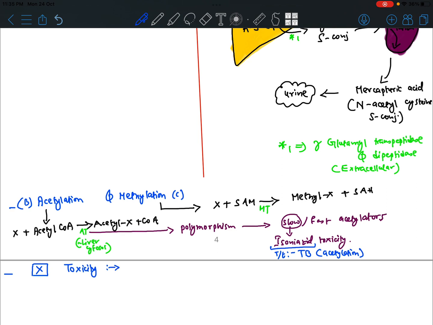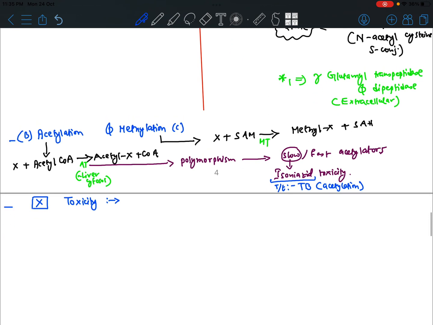Right. So, xenobiotics toxicity. There are three types of toxicity. Let me write them first.